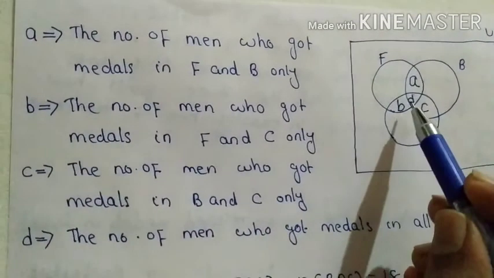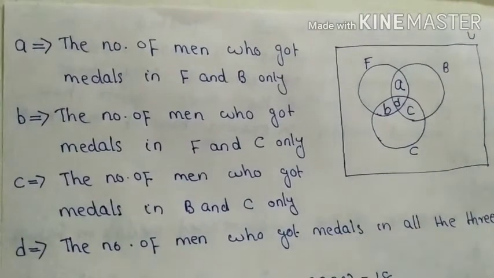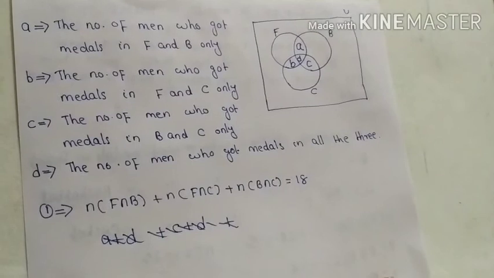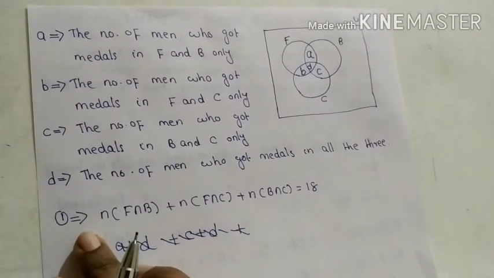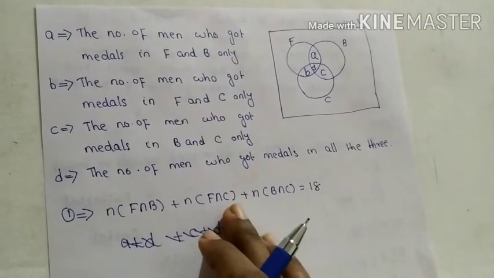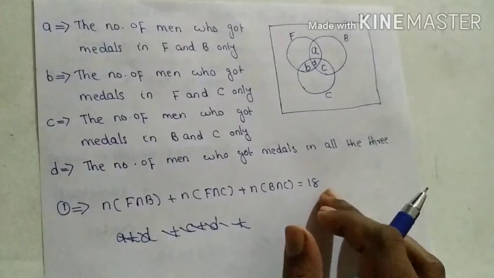Last one is D. D is the number of men who got medals in all the three. So our equation number 1 is N of F intersection B plus N of F intersection C plus N of B intersection C equal to 18.